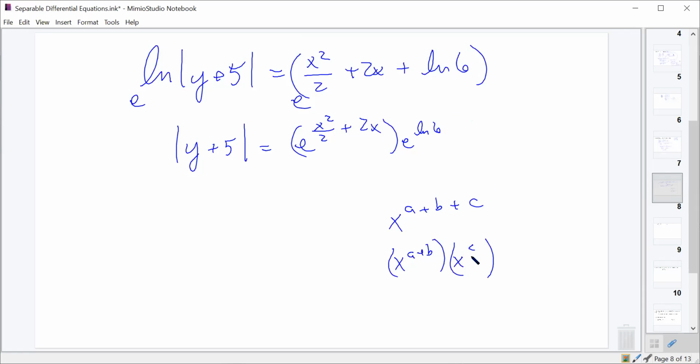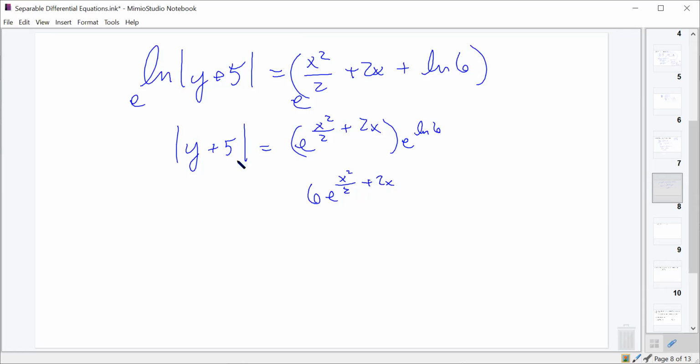Isn't that one of your basic exponent rules from grade school or something? Yeah. So we can rewrite it like that. And the reason we want to do that is because e to the natural log 6 is just what? 6. So we can put that coefficient of 6 out in front: 6e to the x squared over 2 plus 2x.